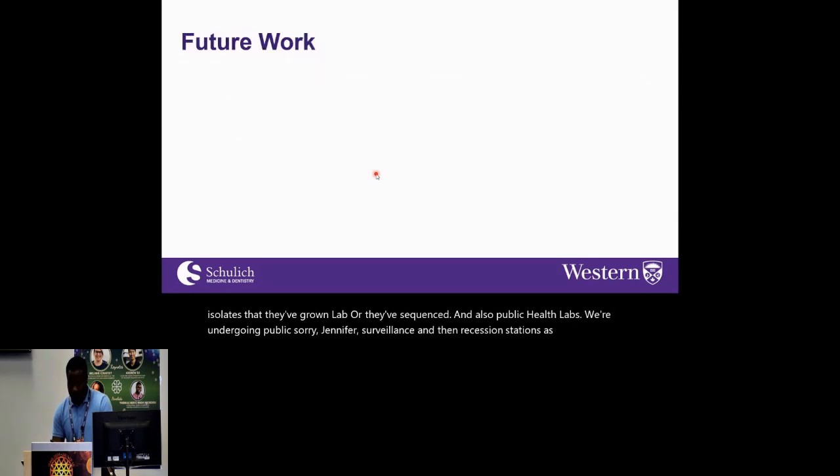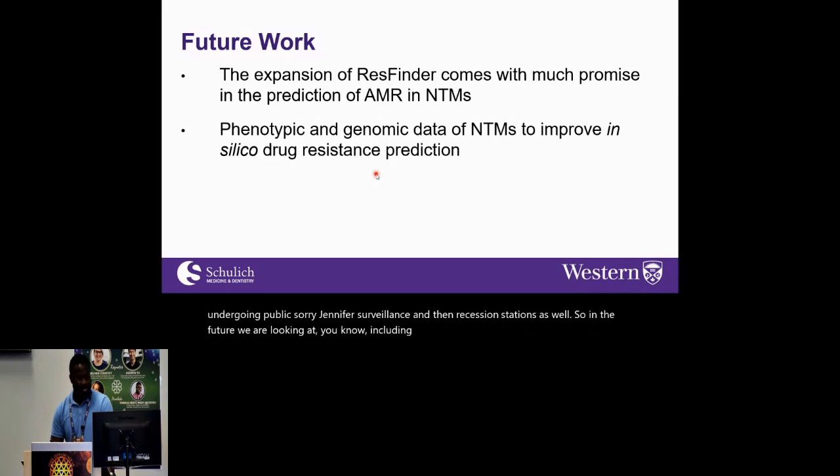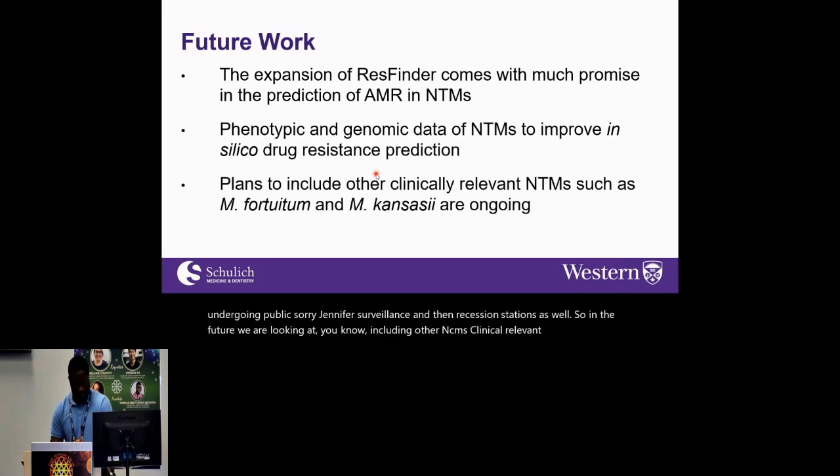So in the future, we are looking at including other clinically relevant NTMs into this software, because we know that these NTMs are usually associated with respiratory infections and even skin infections also. So it's important for us to be able to monitor and see what genes are involved in resistance to antibiotics.